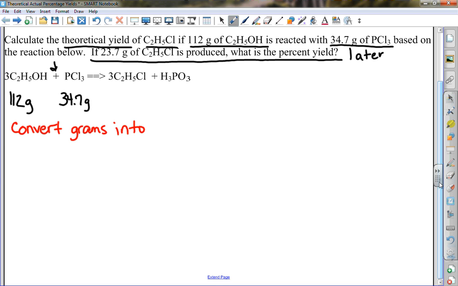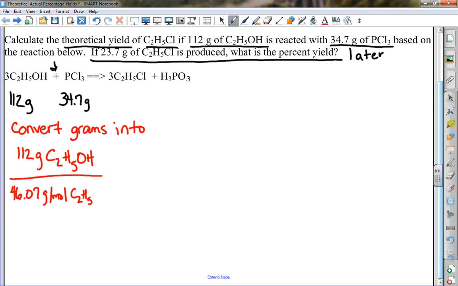So we're going to take 112 grams of C2H5OH and divide by the molar mass, which is 46.07 grams per mole of C2H5OH.